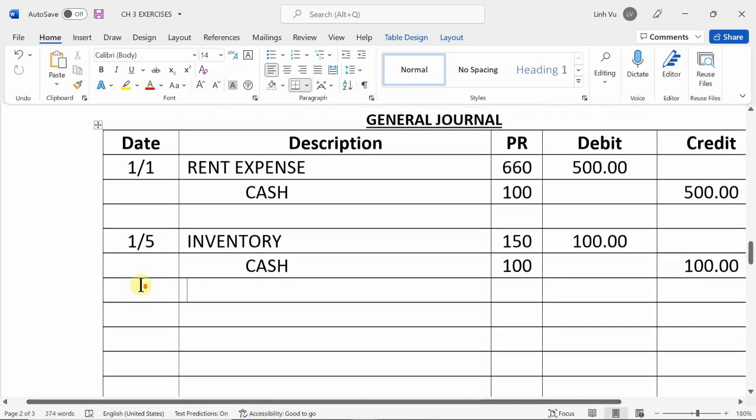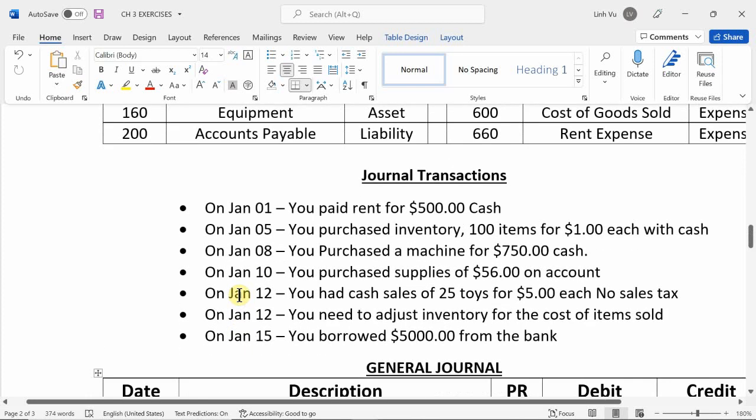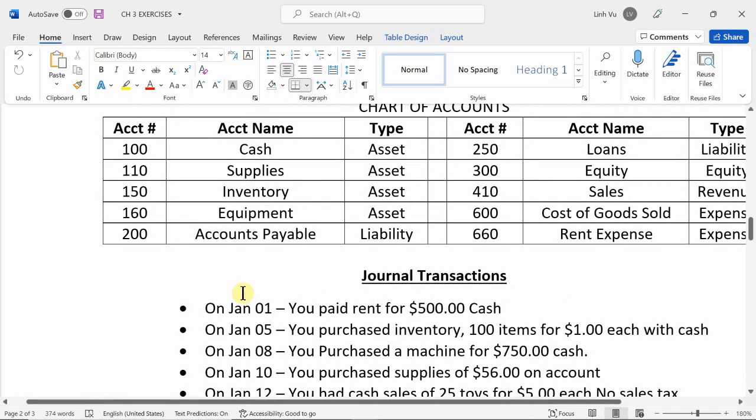Okay, so let's see what the next situation is. So the next scenario says that on January 8th, I purchased a machine for $750 cash. Okay, so let's determine which accounts are affected.